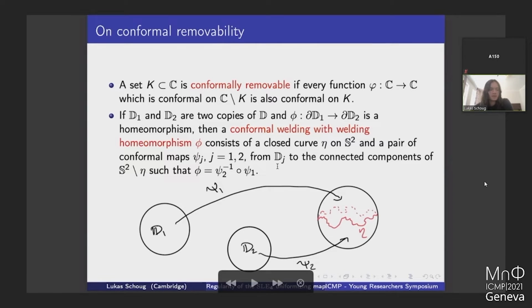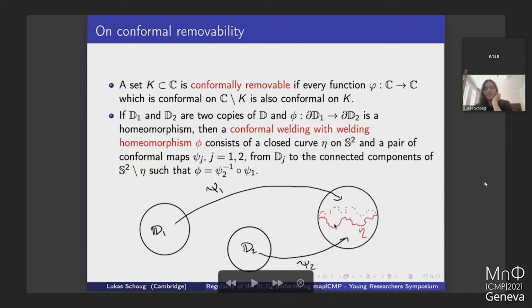And this sphere here, and two conformal maps, psi j for j equal to 1 and 2, which take Dj to each of these components. And then make sure that this composition of the inverse map and the forward map here is equal to the boundary homeomorphism. So this encodes a way to glue these two disks together to form a sphere.